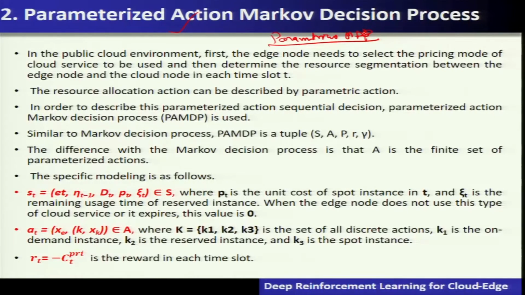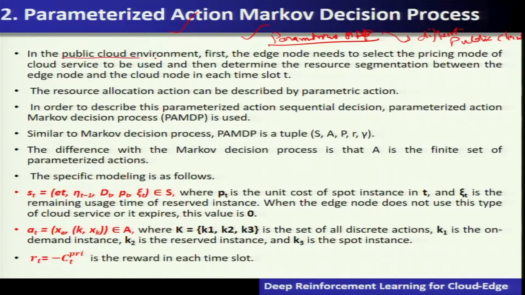So the Markov decision process is parameterized if a different public cloud offering is considered. So it is called a parameterized Markov decision process. Let us see the problem formulation under this particular model.